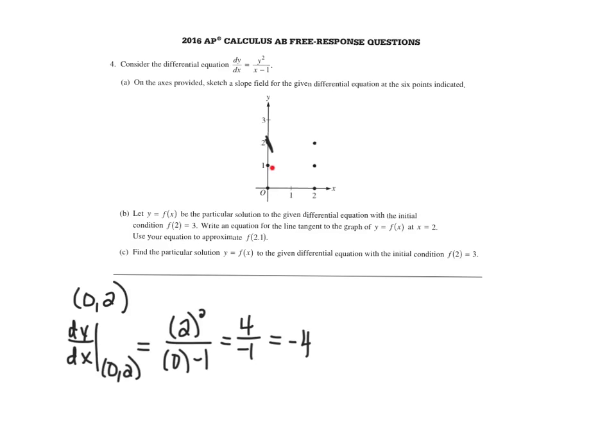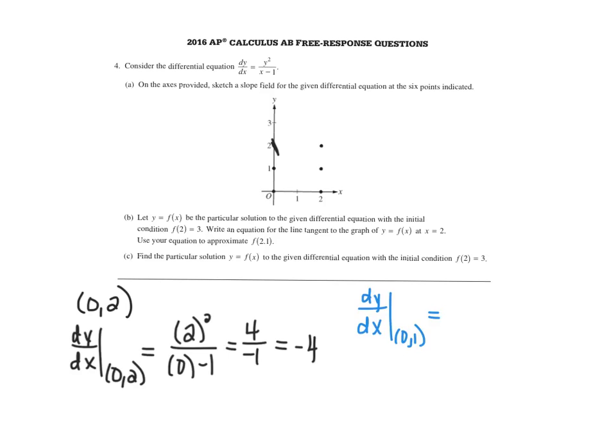All right, next one. Let's do this point of 0, 1. So my x is 0, my y is 1. If my slope formula is y squared over x minus 1, then that should be 1 squared over 0 minus 1, or a slope of negative 1. So basically less steep than this slope here, but still decreasing.